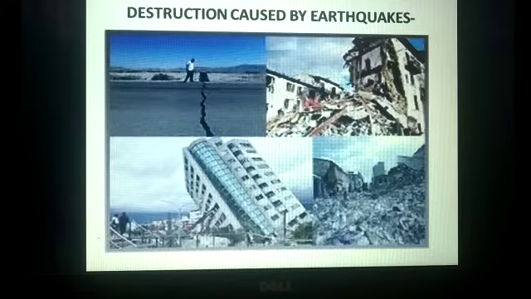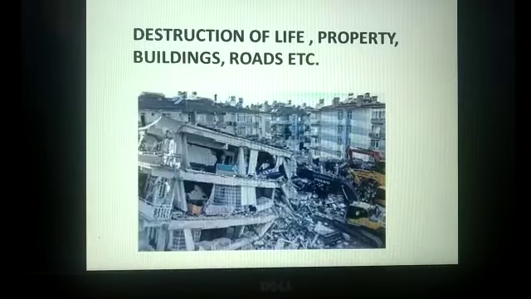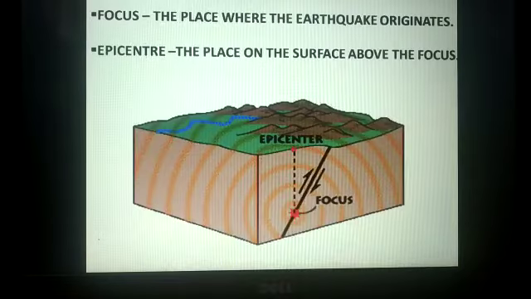If a structure like a building, a road, or a bridge is built across a fault, the ground displacement during an earthquake could seriously damage or rip apart that structure, causing a great loss of life and property. So, whenever an earthquake occurs, there is a huge destruction of life, property, buildings, roads, bridges, etc.